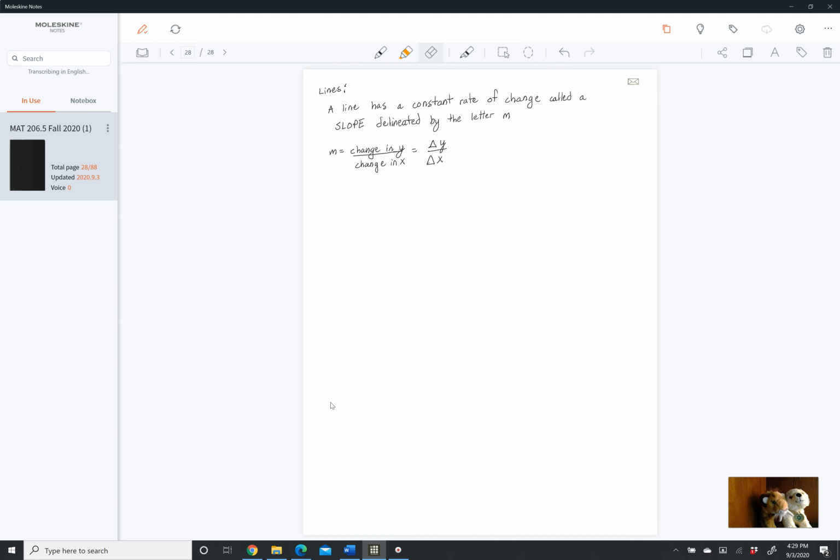And we can also call this rise over run. So let's just talk about what this means, okay? So let's say that our slope was 1 over 3. Okay, here's what this means. This means that as we go to the right by 3 units, we're going up 1.